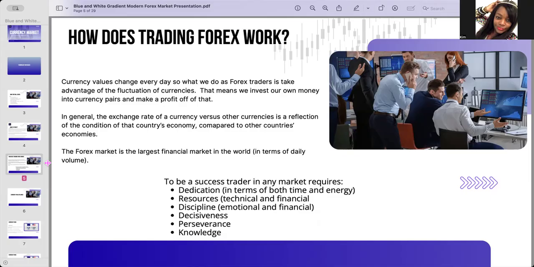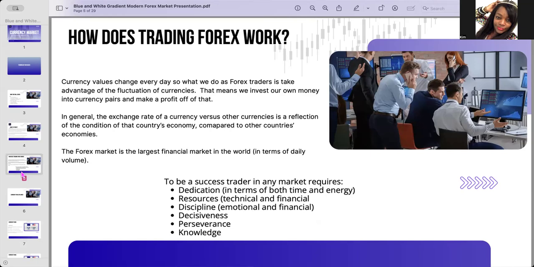Once we get to what the pip is and what the tick or the points are, that's just every time a price moves, one little pip, one little tick, whatever you're trading, your contract, your lot size, whatever it is.